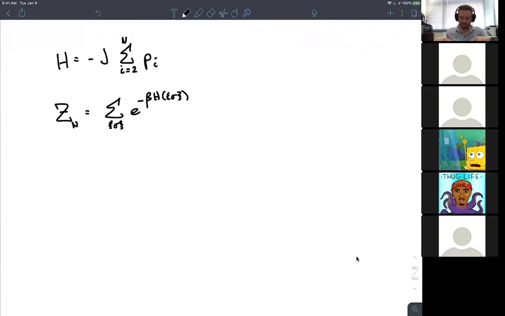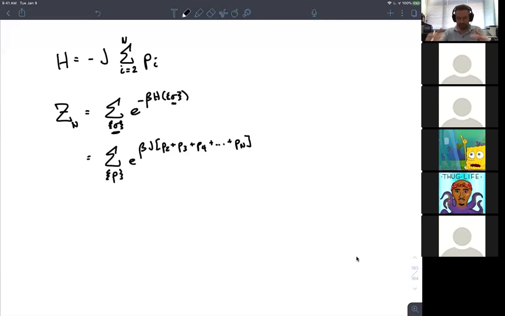Except now, instead of writing it explicitly in terms of the spins, we're writing it in terms of these P's. So I will write this as the sum over all possible P configurations of e to the beta, and then I'm just going to stick in what my Hamiltonian is. So it's J times P2 plus P3 plus P4 plus up to Pn.